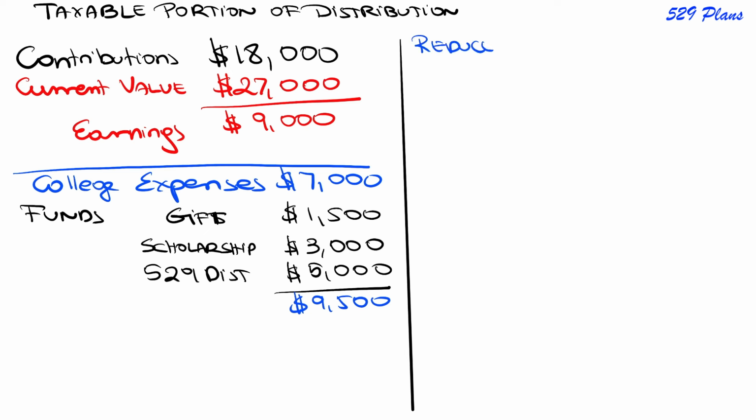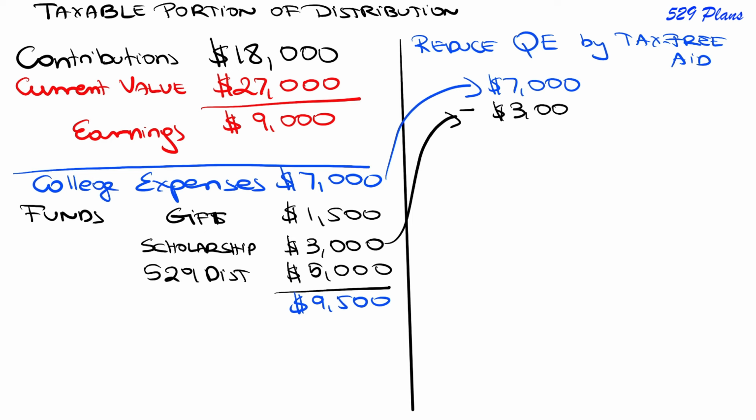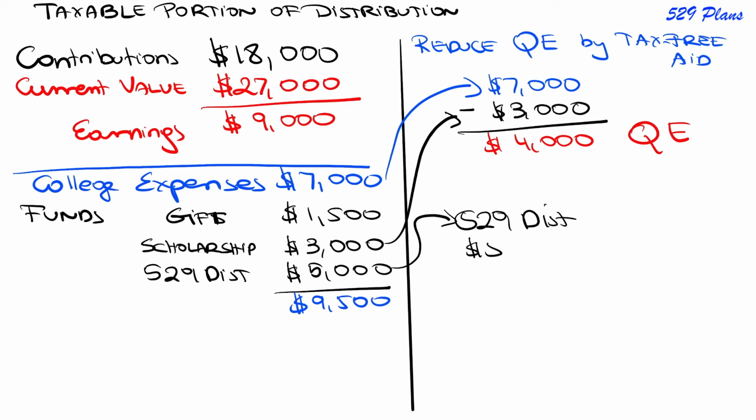In order to figure out how much of the 529 distribution was taxable, you have to reduce the qualified expenses by tax-free aid. So $7,000 in expenses has to be reduced by the $3,000 that the beneficiary received in scholarship. That means $4,000 are the qualified education expenses, which is less than the total 529 distribution.